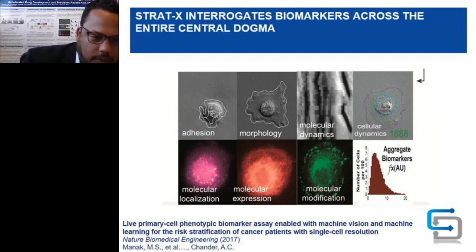And so, for example, we see adhesion. Again, these cells are interacting with a very defined extracellular matrix, so their adhesion characteristics can be very telling with respect to their integrin and the ways that they might generally interact with the extracellular matrix.